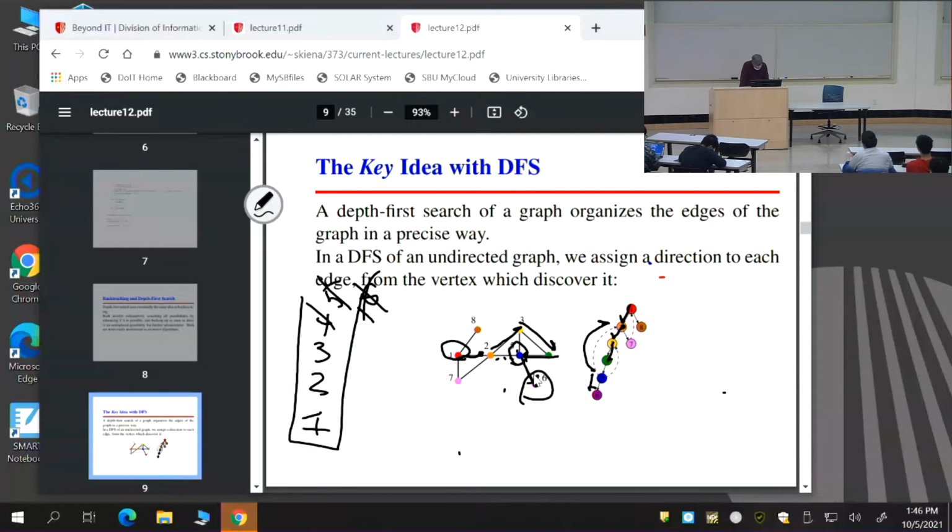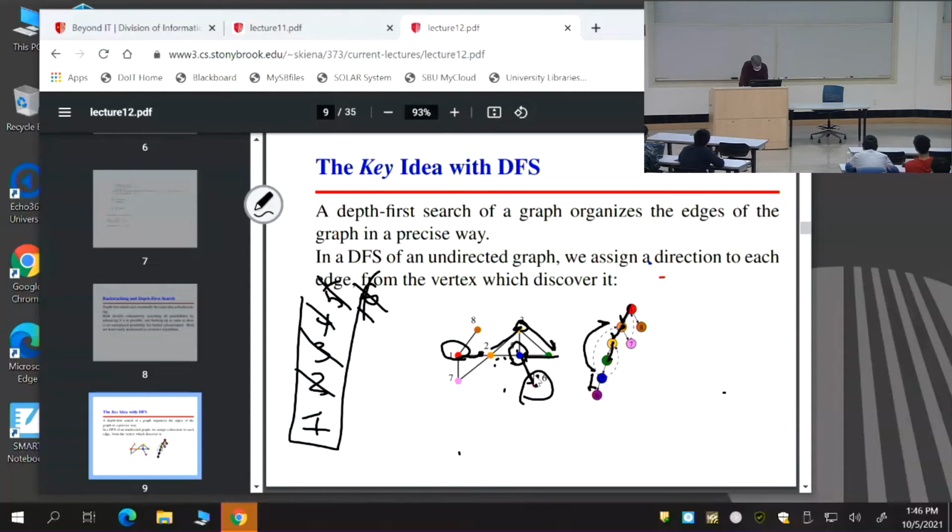What about 3? Well, the claim was we already looked at 3. 3 had a back edge. Actually, there was an edge 5, 3. That was already explored. From 3, from 2, pop this, 2.